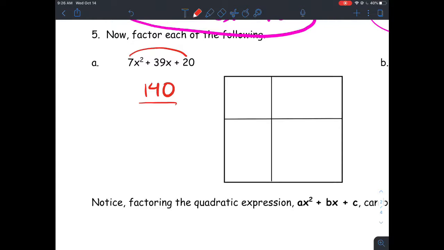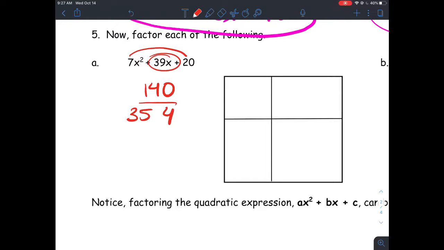So we're going to find some factors of 140 that might work. Let's maybe do 140 divided by 35. That gives us 35 and 4. So 35 plus 4 is going to add up to give us our 39.